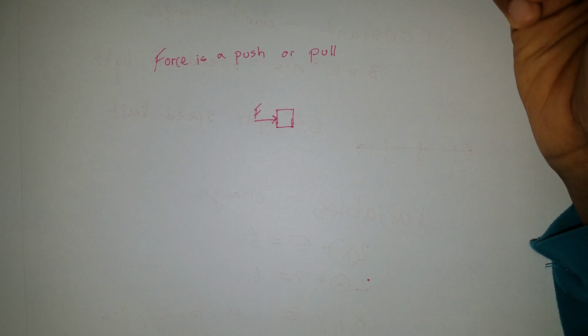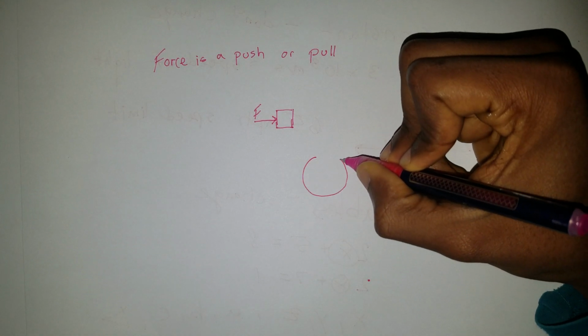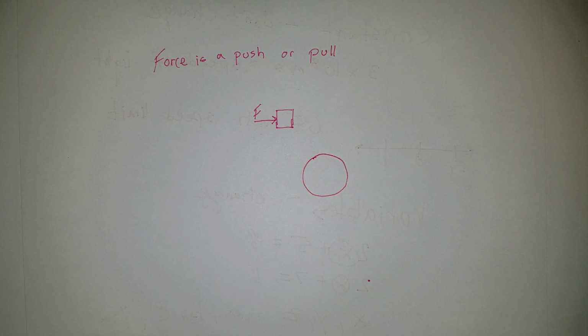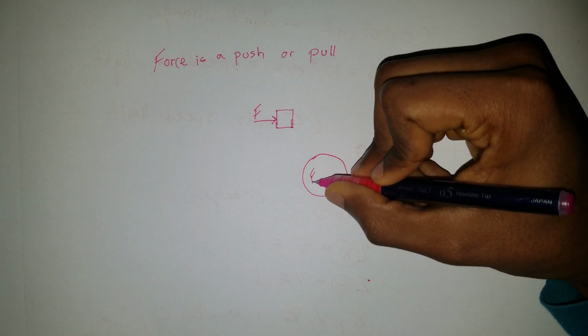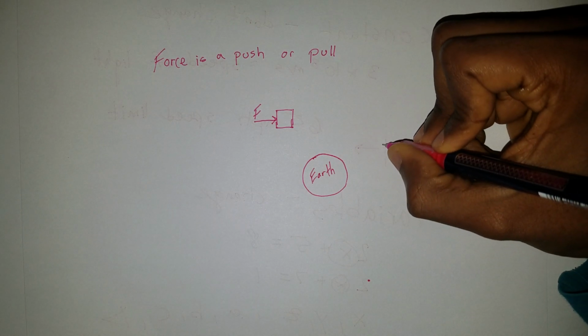On a broader scale, we can look at the planet. As you know, there are several objects in orbit right now around Earth. One such object is our moon.